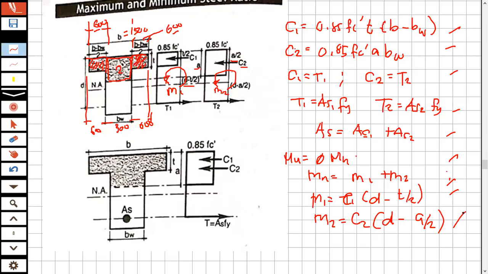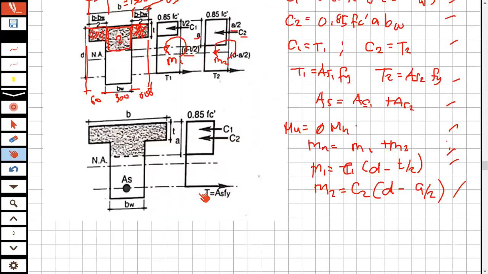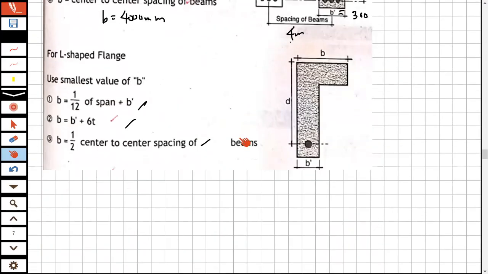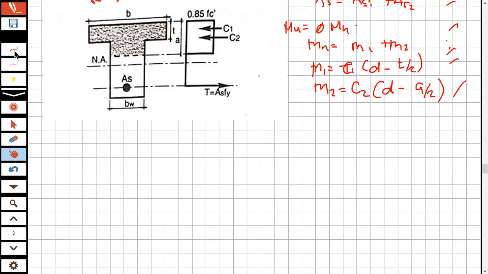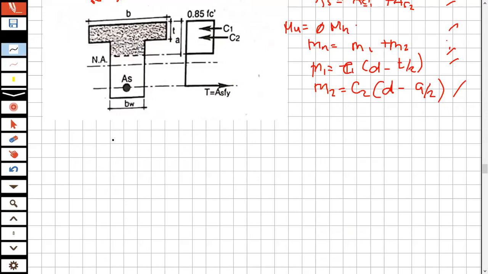Okay? So, I think we can have an example. Okay, wait. Ano pa ang dapat? Okay, wait. Maximum steel ratio. Okay? What is the maximum steel ratio? Ito. Okay.